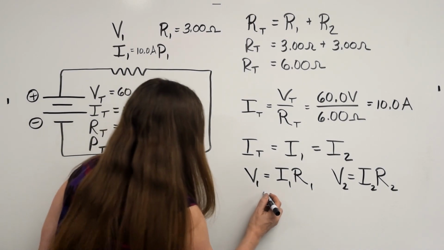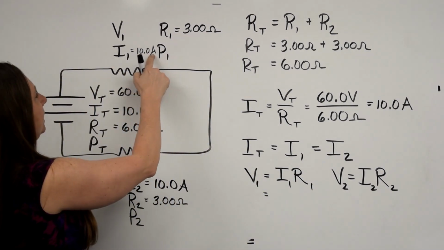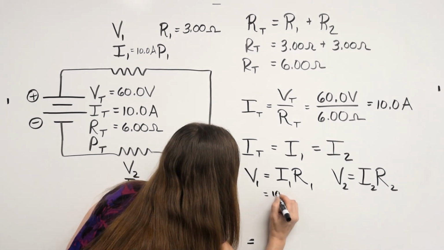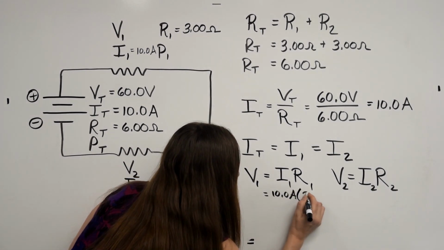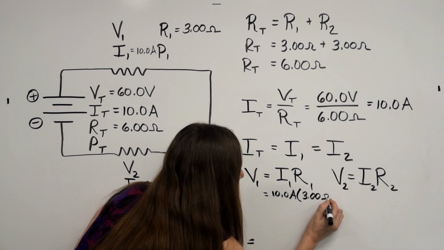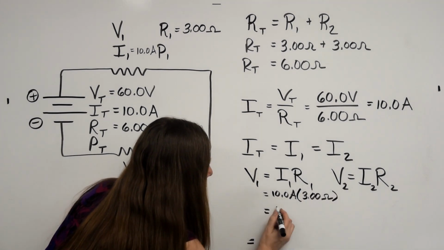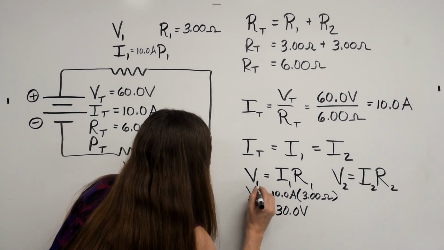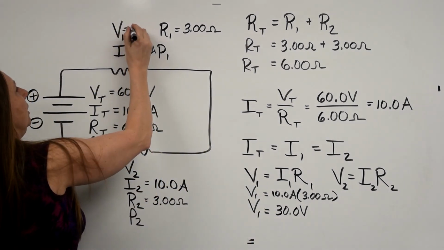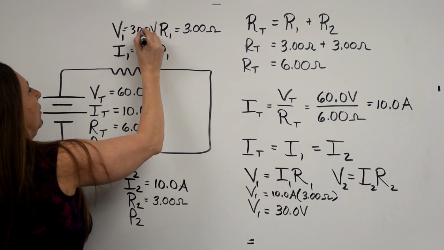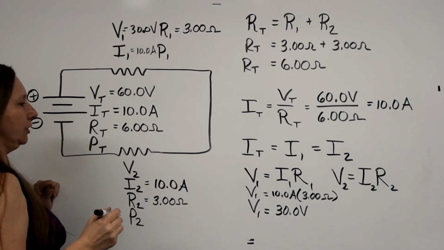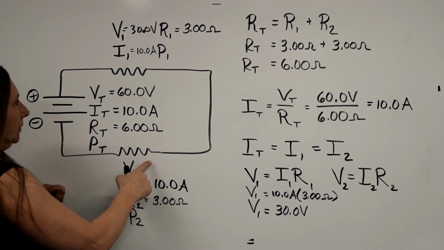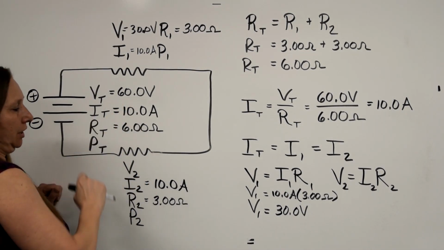So, I1 is 10 amps, R1 is 3 ohms. 10 amps, 3 ohms. 10 times 3 is 30 volts. So V1 is 30 volts. And now there's two ways you could figure out the missing voltage here. You know that the total is 60.